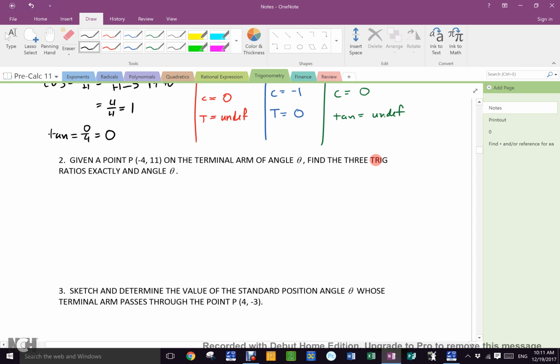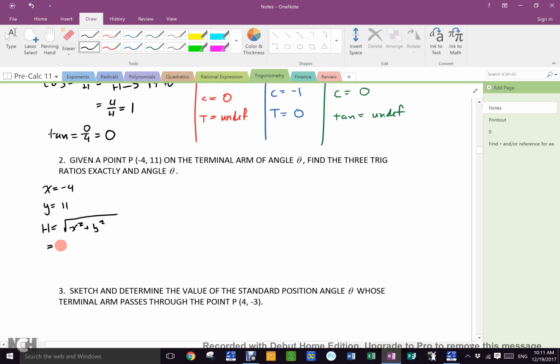What happens here? What do I know? I have an x of what? -4. I have a y of what? And I know that h equals what? The square root of what? X squared plus y squared.